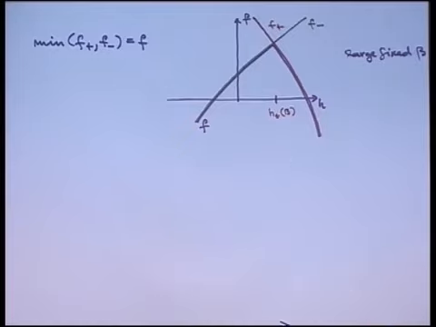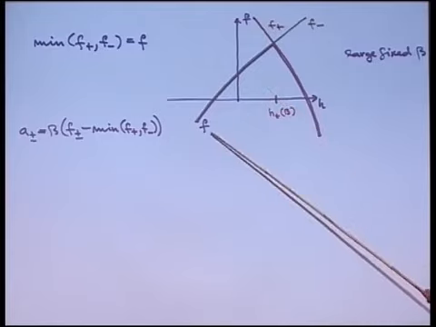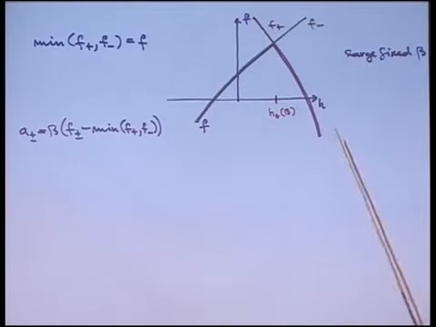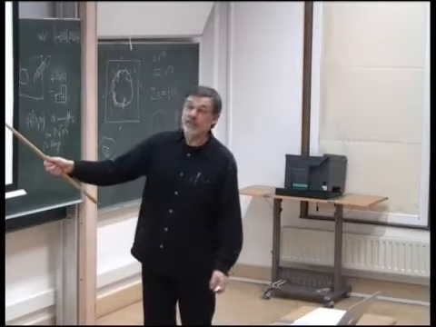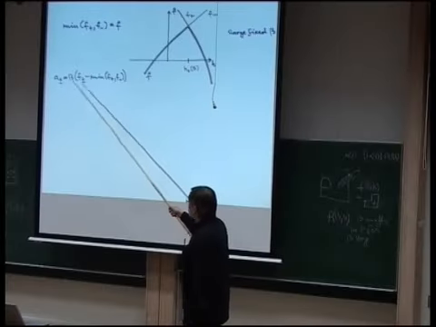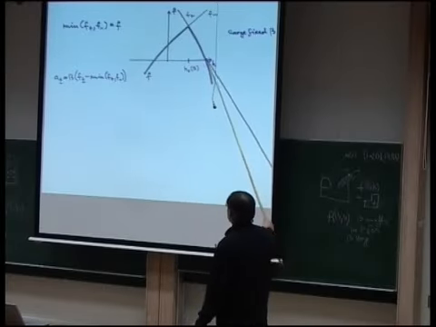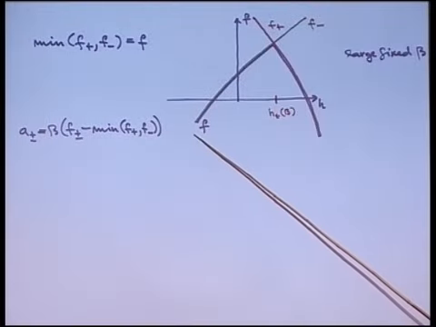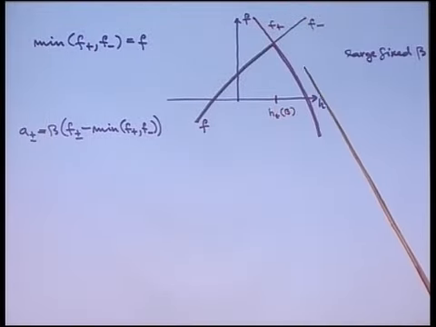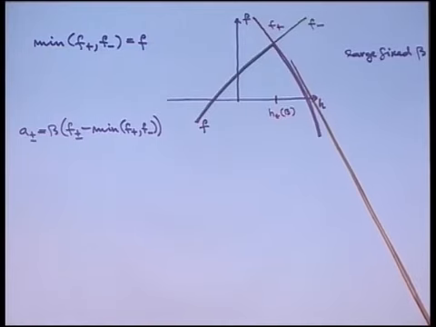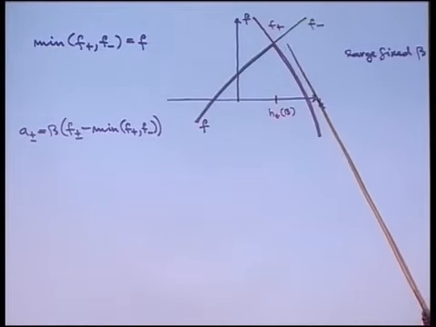So let me forget about the claim that F is this. Up to now I have only this F plus and F minus, and I take the minimum of them. Forget that it is F, I take the minimum of F plus and F minus, okay? And for example here, this is A minus.